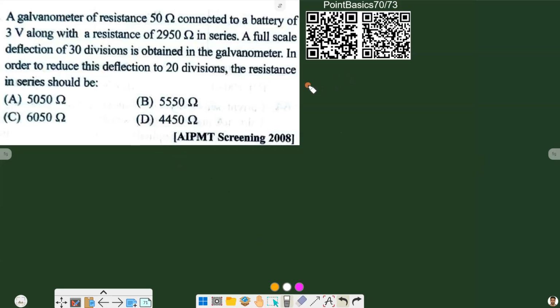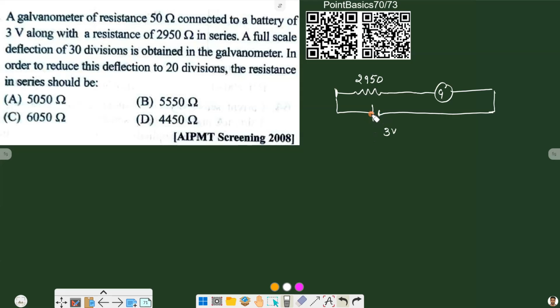So here initially what we have is a galvanometer with a series resistance of 2950, and we have connected a battery of 3 volts.